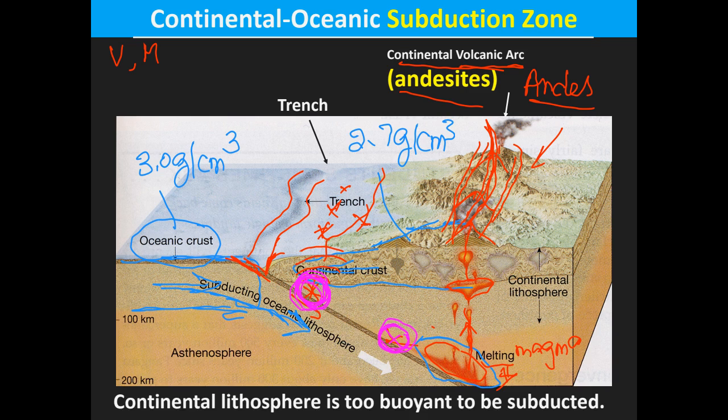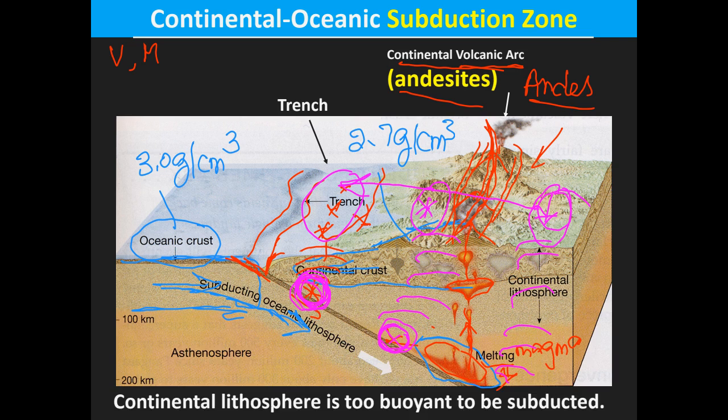If this one starts, it will affect places next to the mountain. But if a deep focus earthquake happens, the places that are far away from the coastline will be affected. So we have shallow, intermediate, and deep earthquakes along this zone. Okay.